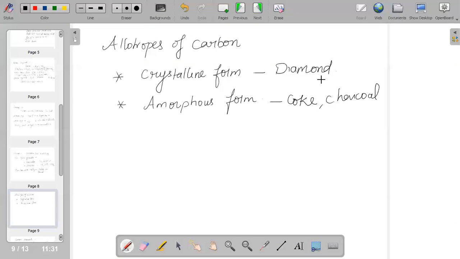In general, we know that graphite has a sheet-like structure.